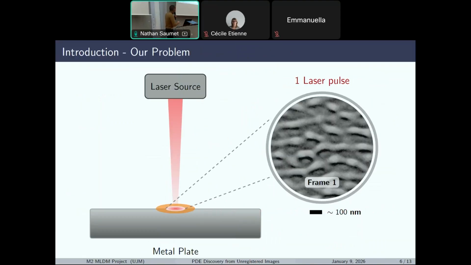The PD that dictates how a pattern evolves at the interface is the same whether you are here or here or here. It's just that the initial condition that the PD starts on is a little bit different at the nanoscale level, but the underlying PD forming these patterns is the same.